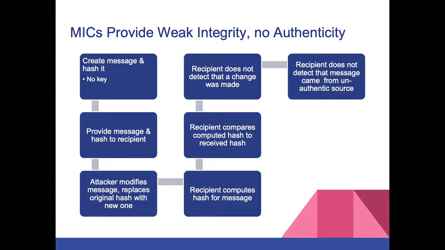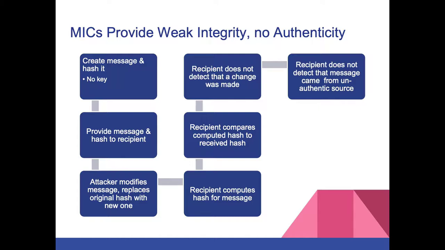Here's a quick recap to show why we say that unkeyed hashes, or message integrity codes, provide limited integrity and no authenticity. Starting at the top left, we create a message and hash it with a MIC. We then make the original message and its hash value available to one or more recipients.